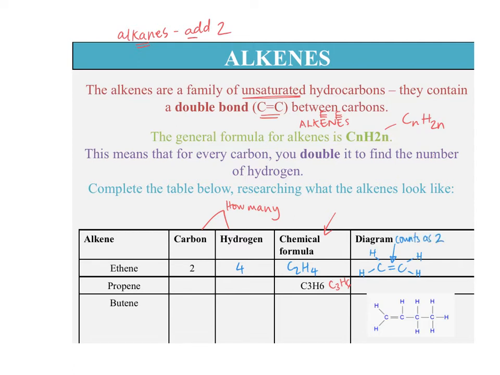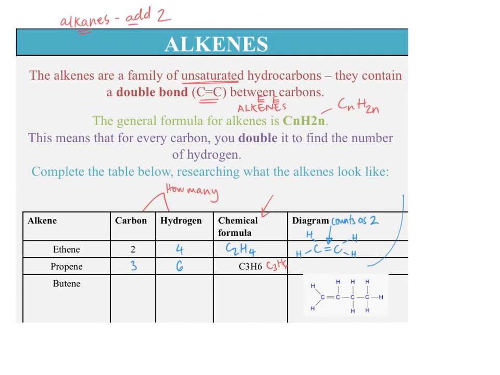So between the carbons that have got a double bond, you can only put 2 other bonds around them, okay, not 4. Propene has got 3 carbons and 6 hydrogens, and I'll just draw it up here for you. I'll swizzle across a little bit actually. So C, double C, and then a single C by itself. We don't put more than 1 double bond in, that makes it a different molecule.